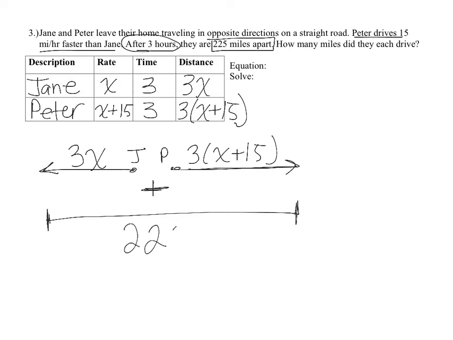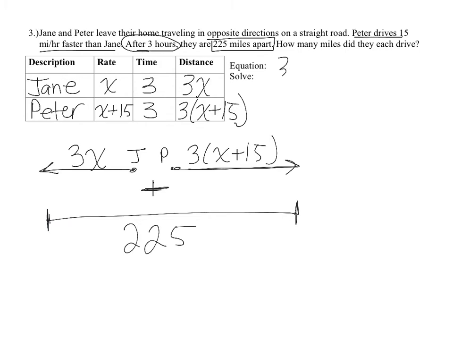They're driving away from each other, so their combined distance is 225. So in this case for the equation, their distances are not equal, right? Peter is going to cover more ground in 3 hours than Jane because he's going faster. But we know that they're 225 miles apart, so we're going to add their distances together.